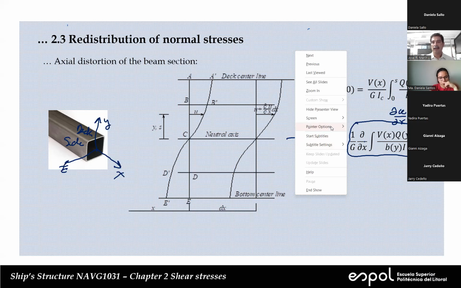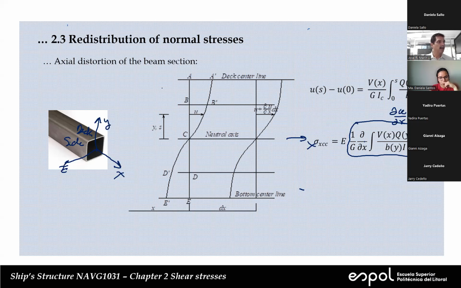Okay, let's go on. Now we can identify that the derivative of V with respect to x is equal to minus p. Now, what else? The inertia is a constant, so we can take that out of the integration, and it doesn't depend on the differentiation, so we have it here. So that's the result.